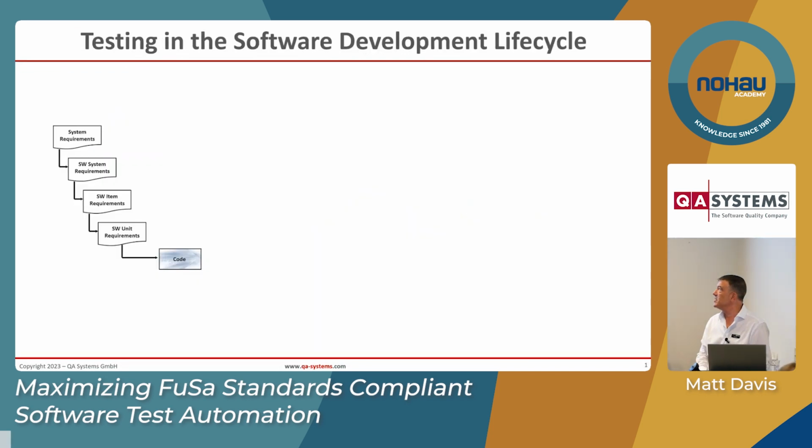Let me start by placing testing in the software development lifecycle. Down the left-hand side of the V model, you will see system requirements and safety requirements, which would get embedded in system software requirements, and a decomposition of those at each level to something where you end up with code.